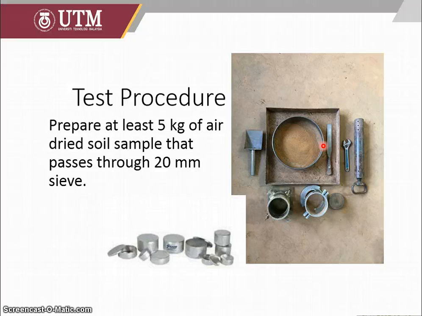If you can see here, I'm adding the figure of a container. This small container will be used to collect a small amount of soil that has been compacted. After the compaction process, we have to collect a small amount of soil from the middle of the compacted layer, so we can measure the moisture content.